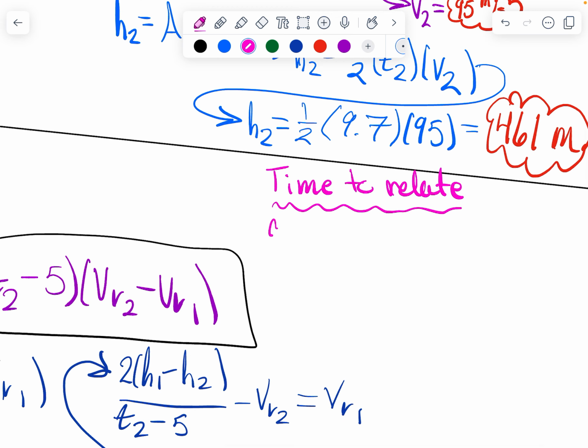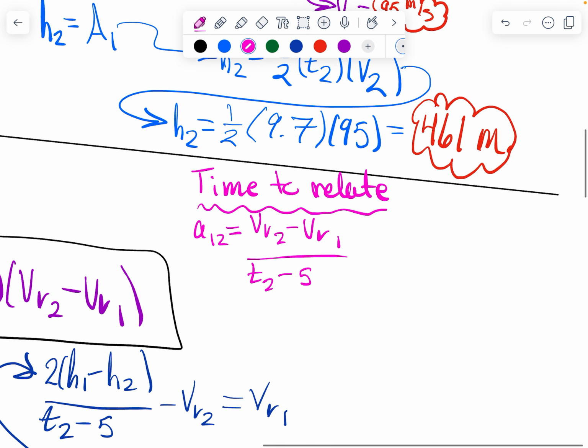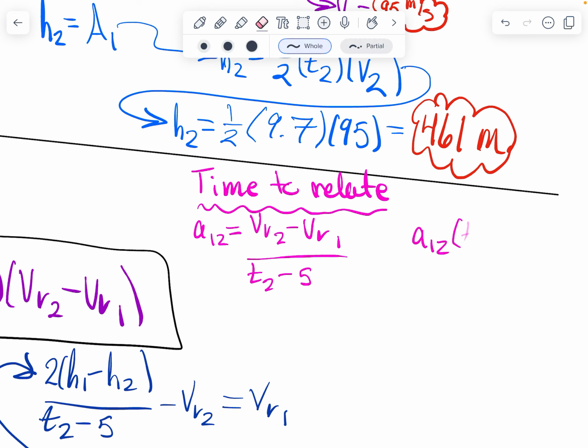So what would that be? Well, we know A12 is rise over run. The rise here is VR2 minus VR1, right? That triangle, over T2 minus 5. Let's make some space.